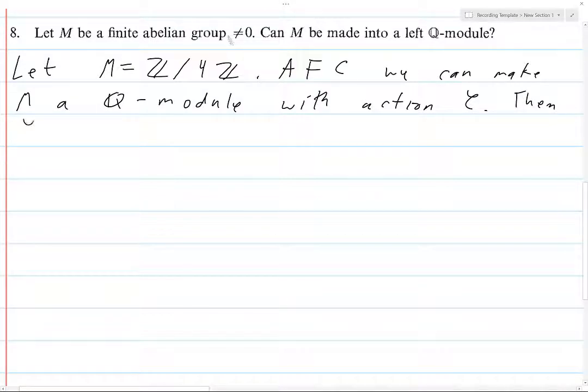Then phi of 1/2, and then the equivalence class of 1, this must be an element of M.